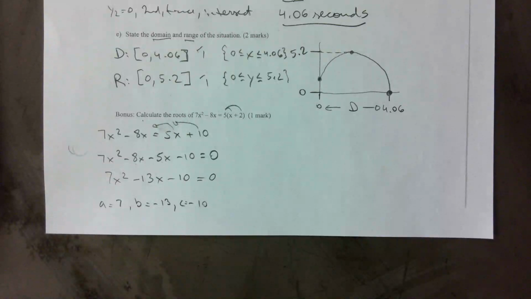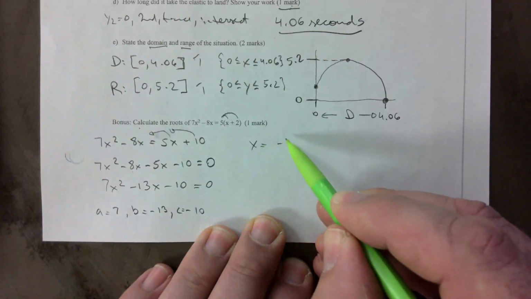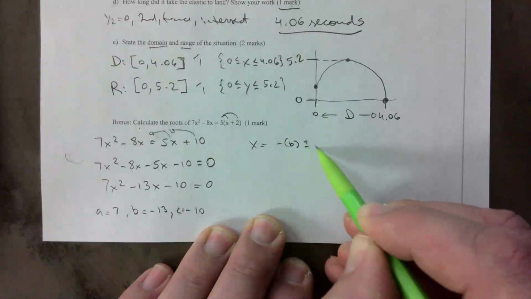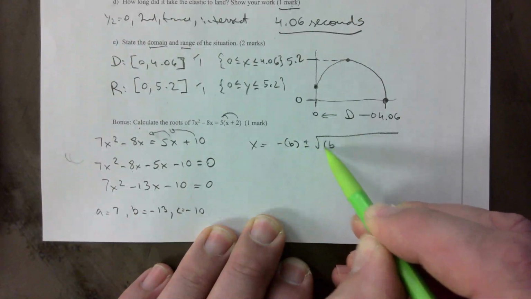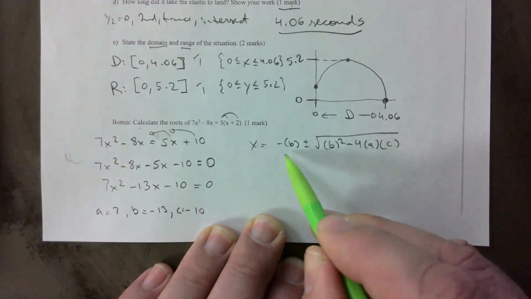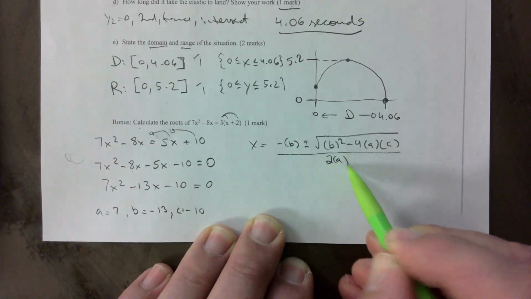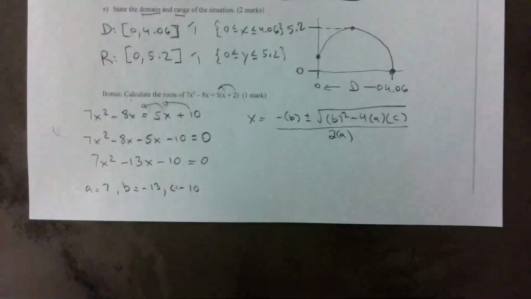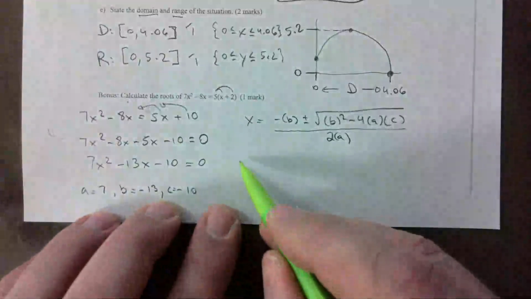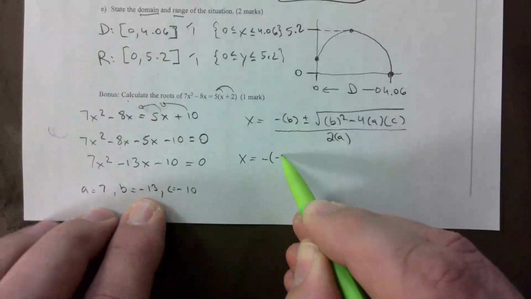I hope you have the quadratic formula on your study sheet, which goes like this: x equals negative b plus or minus the square root of b squared minus 4 times a times c, all of that divided by 2a. Oh boy, I'm going to run out of space here. Negative b, so b is negative 13, so you plug that in.